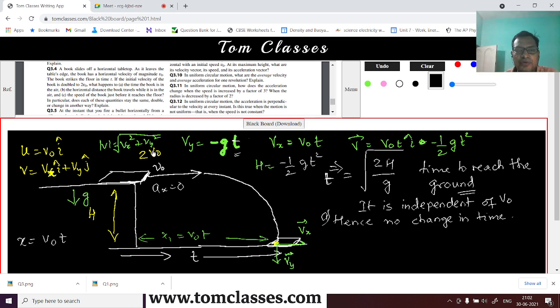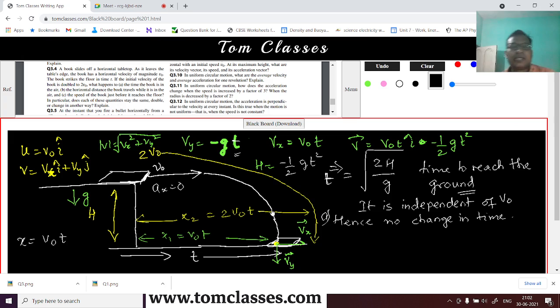If you double this to 2 v naught, then this horizontal distance x2 will be 2 v naught into t. So the horizontal distance will increase, but the time to come down is going to be the same.